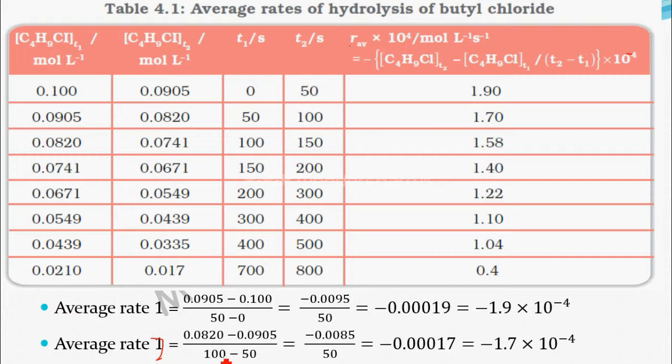Change in time, that is final minus initial, 100 minus 50. When you simplify all these things, you will finally get the answer as minus 1.7 into 10 to the power minus 4. See here, 1.7 into 10 to the power minus 4. Like this, the average rate will be over a period of time.